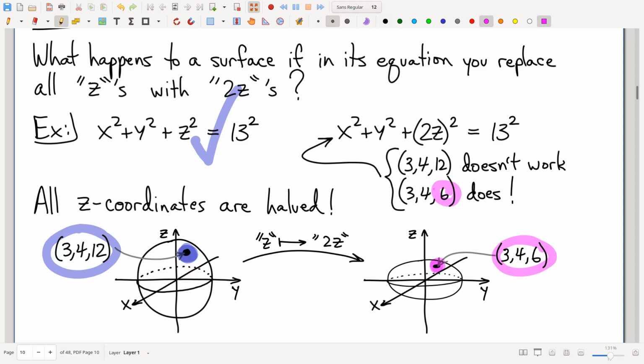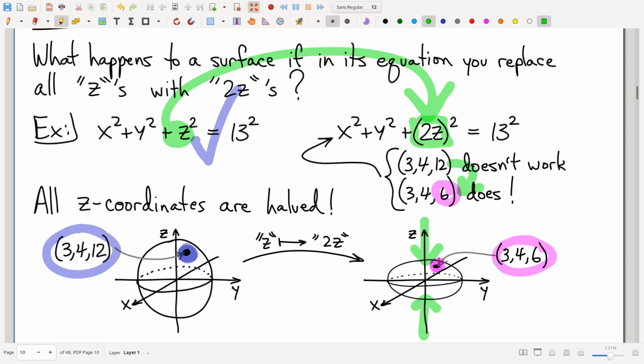So this point doesn't work, but this point does. And this, I'm going to say, always works in the sense that whenever you do this algebraic shift, whenever you replace z with 2z, effectively, in terms of points that satisfy the equation, all the z coordinates just need to be half as big as they used to be.